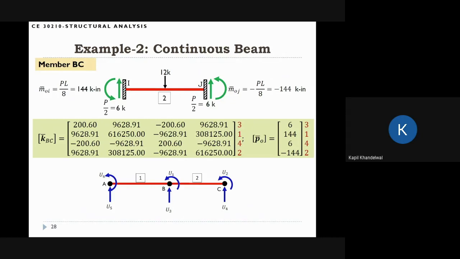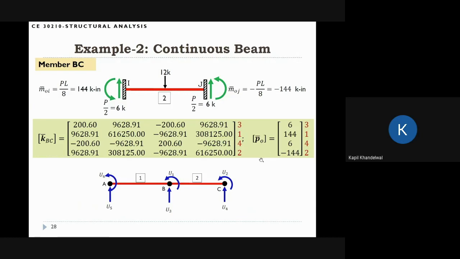This is the ordering we are always going to follow for beam elements. And same thing, we arrange these numbers into the P0 vector. So 6 goes first, and then the moment 144, and then 6, and then minus 144, and the ordering is 3, 1, 4, 2. So we have the stiffness and the P0 vector for both elements.